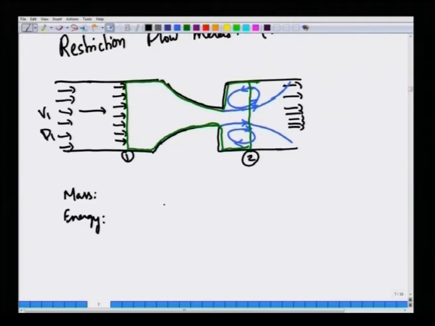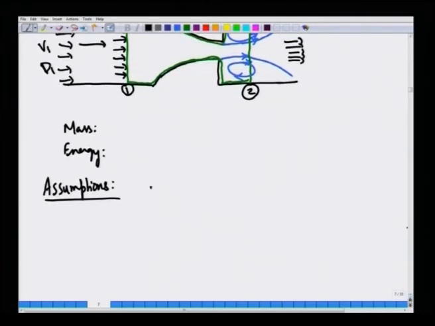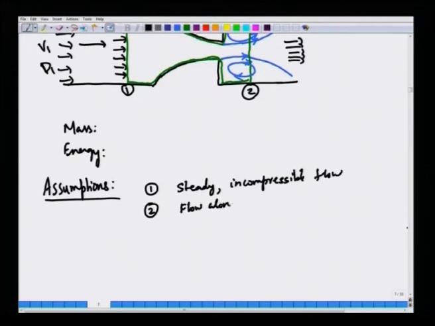So the mass balance. Let us first write. Let us also make some assumptions, because this is a fairly complex problem. It cannot be solved without making these assumptions. First is steady incompressible flow, and we want to consider the flow along a streamline from points 1 and 2.